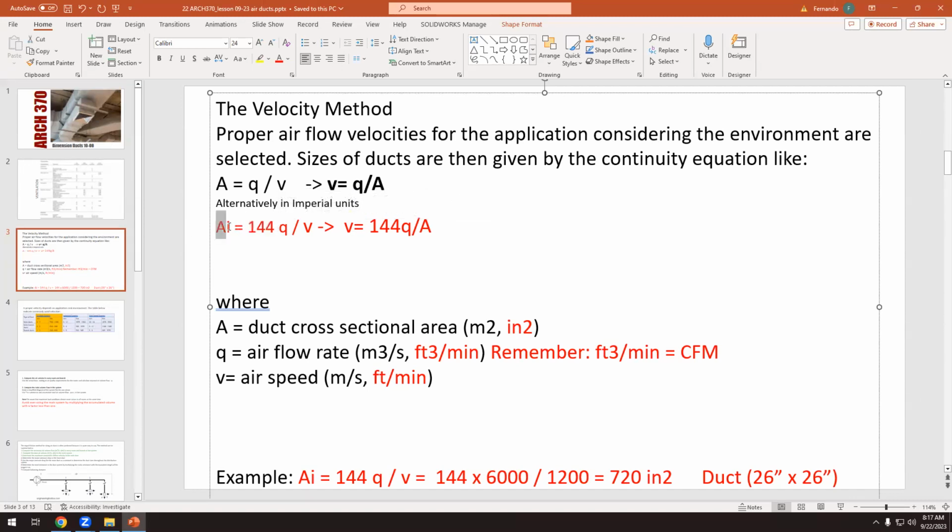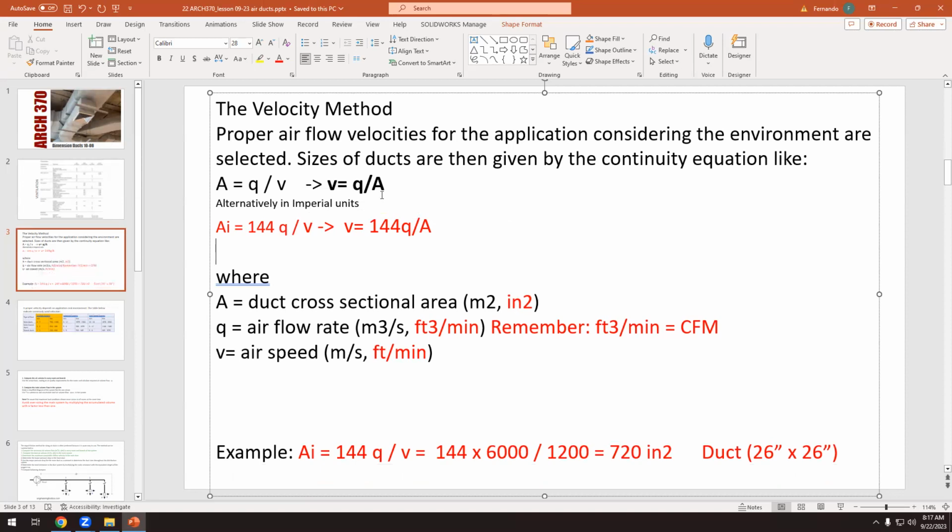The area of the duct is 144 times the Q in CFM, cubic feet per minute, divided by the velocity. And the velocity, to be consistent, has to be in what's the unit of the velocity: space divided by time. Space is feet, time is minute. Okay, so probably this velocity is in feet per minute.